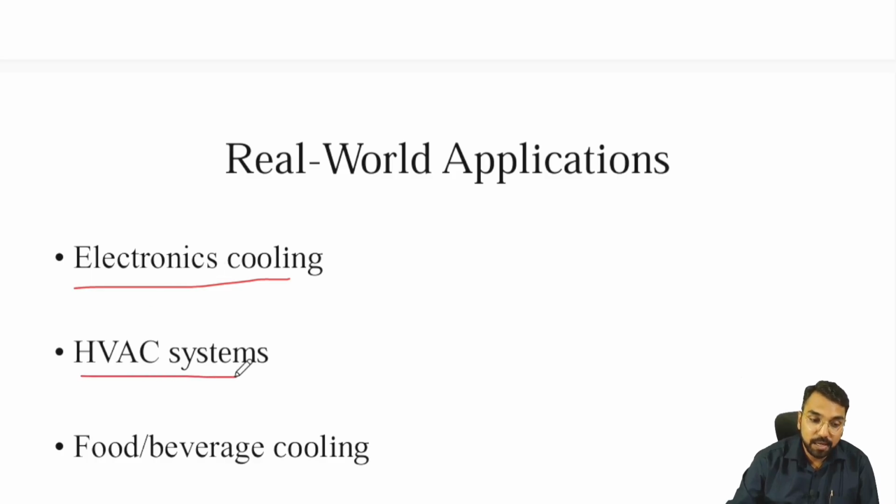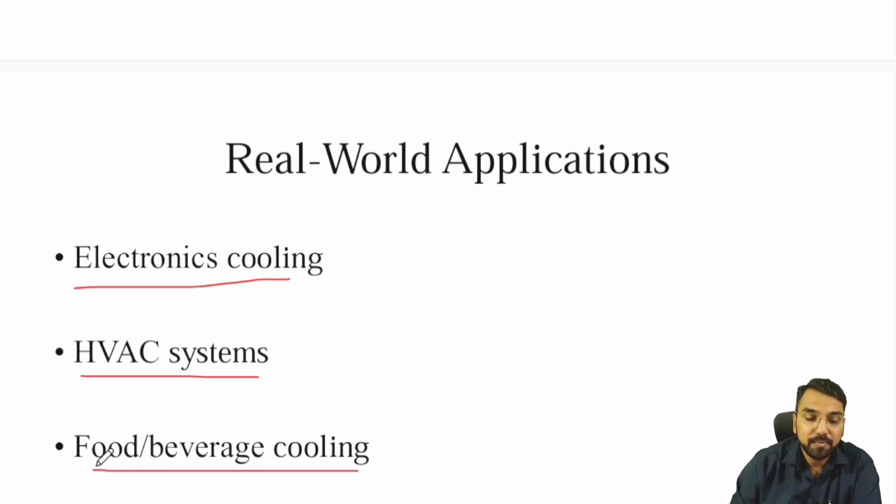In an HVAC system, what is meant by HVAC? Heating, ventilation and air conditioning system, which is used for thermal comfort of humans. For thermal comfort, we have to calculate how much heat is to be extracted from the human body, and for that we need how much cool air we have to supply, and at what rate or velocity.